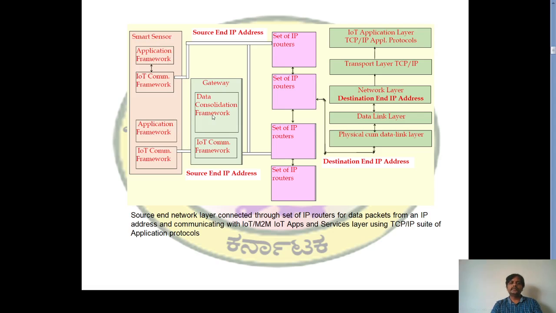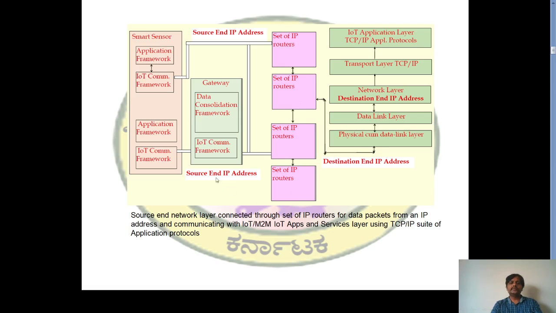The data consolidation is going to occur in the gateway, and the gateway is between the sensor and the routers. So we have several routers.